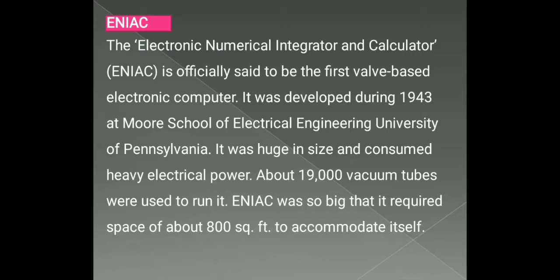ENIAC was developed by the University of Pennsylvania and put to work for practical purposes in December 1945. It was huge in size. That means more than 19,000 vacuum tubes, 7,200 crystal diodes, 1,500 relays, 70,000 resistors, 10,000 capacitors, and many other types of electronic components made it so bulky and huge.